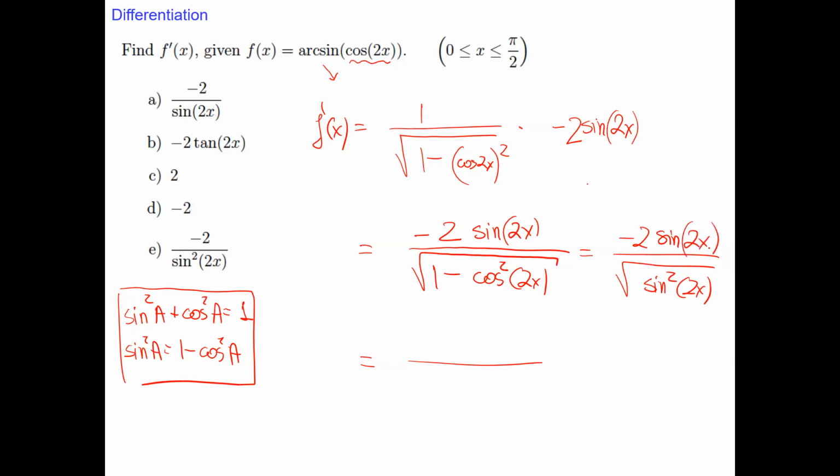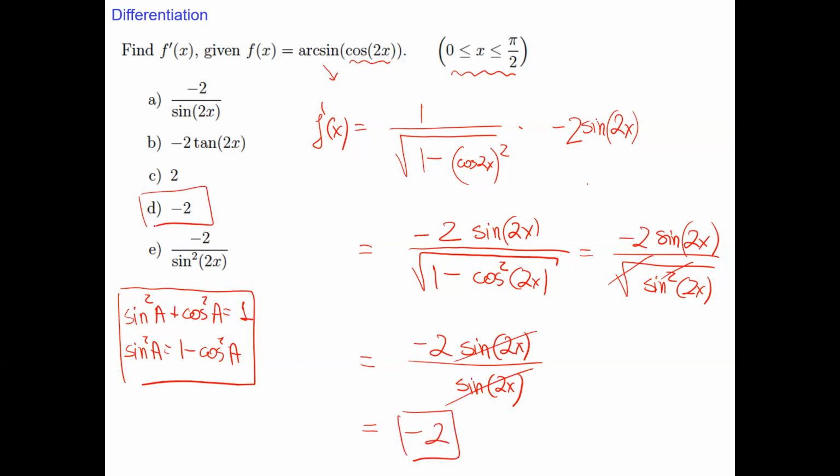Okay, and what we see, let's just do it. Square root of sine squared of 2x, the square root and the squared can be canceled out because everything is positive. We are fine to cancel out sine of 2x. And the entire function can be canceled out. The answer is negative 2. So nice, so nice. Again, a little bit of rules, a little bit of trigonometric identities, and algebraic fluency.